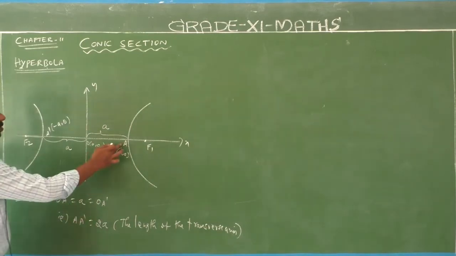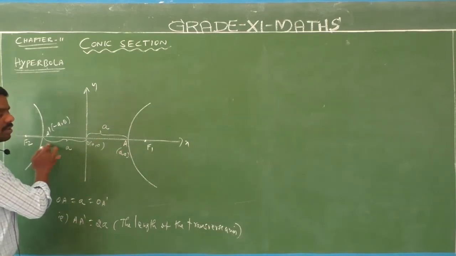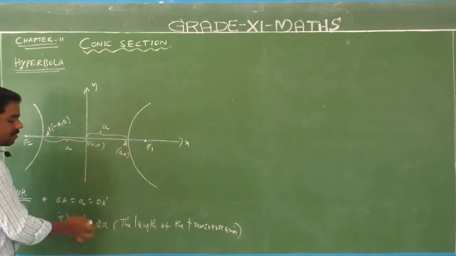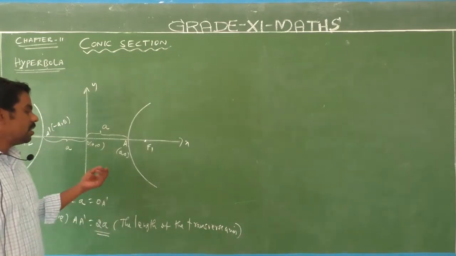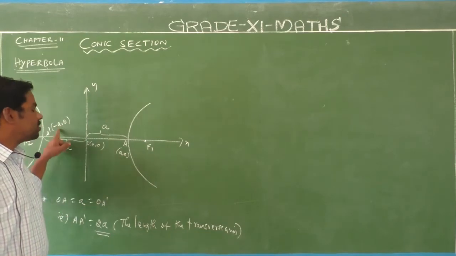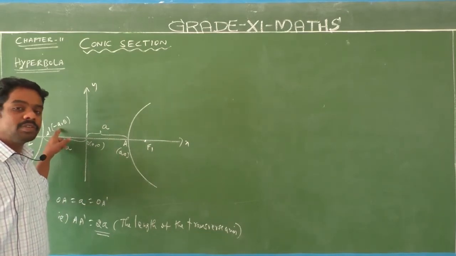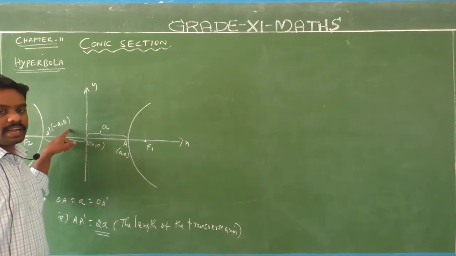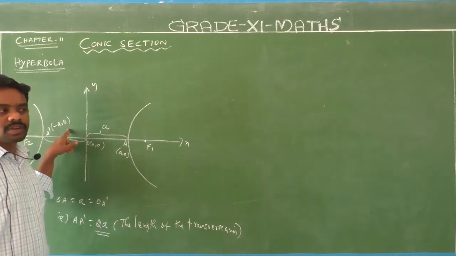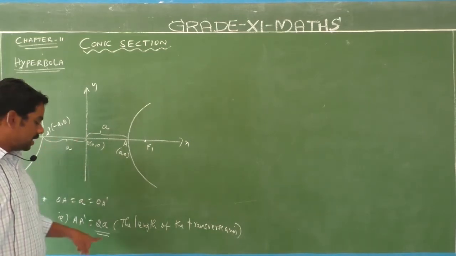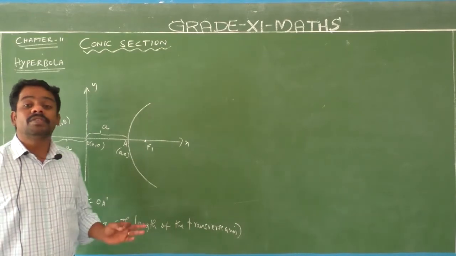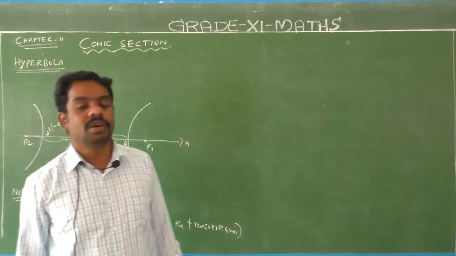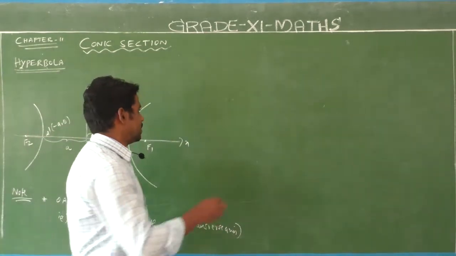That means the distance between point A and A dash is 2a. Using the distance formula, root of (a minus minus a, that means a plus a) the whole square plus (0 minus 0) the whole square, root of (2a) the whole square is equal to 2a. So AA dash equals 2a. This value is the length of the transverse axis.